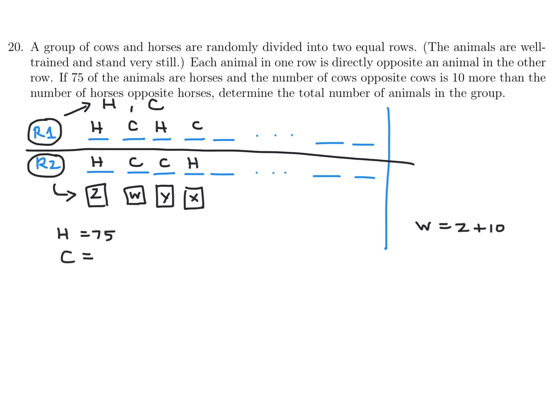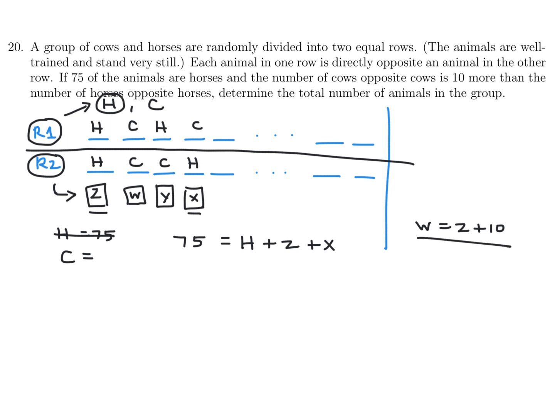And the total number of horses is 75. So this should be the total, which would be this H plus this Z plus that X. So just making sure we divide it into rows.